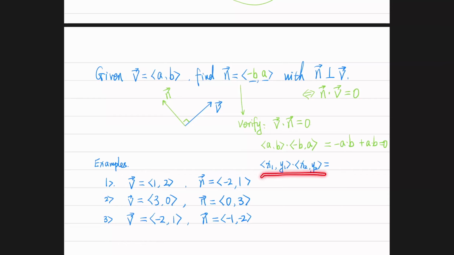How do we do the dot product, George? X1 times X2 plus Y1 times Y2. Yes, it's x1 times x2, y1 times y2, then we add them. The summation of the products.